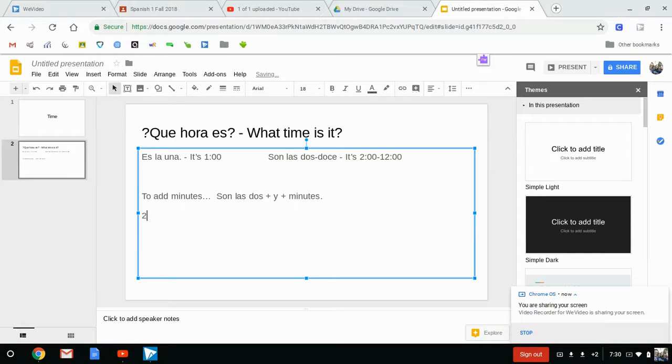So if it is 2:05, I'm going to go with son las dos. And then the y kind of takes the place of those little dots there. So son las dos y. And then how do you say 5 in Spanish? Cinco. Son las dos y cinco.